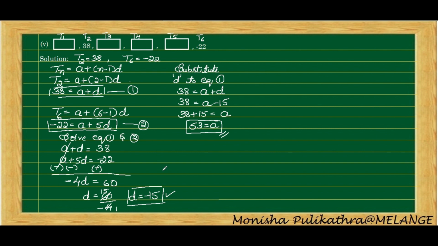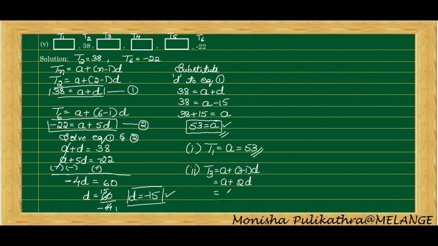So we get A value and D value. We need to find out the value for T1, T3, T4 and T5. First one is T1. We know that T1 is also equal to first term A, that is A is equal to 53. Next is third term. So T3 is equal to A plus 3 minus 1 into D, so A plus 2D.